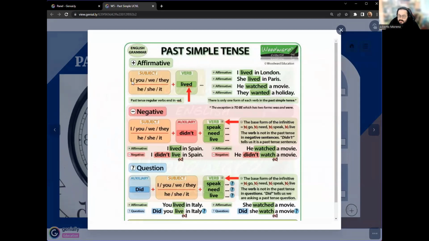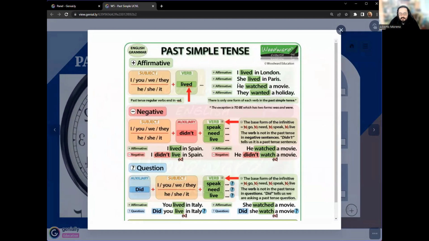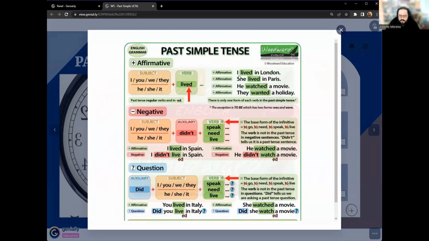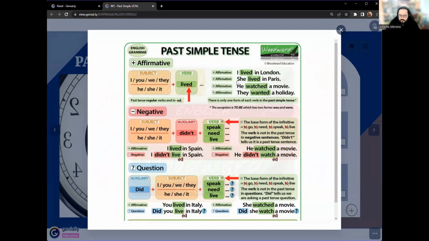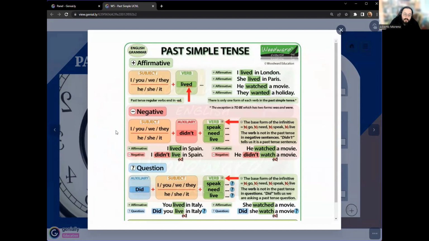So for affirmative sentences, we start with the subject plus the verb in the past tense plus the complement. For example, I lived in London. He watched a movie. Subject, verb in past, and complement. But for negatives, we start with the subject.